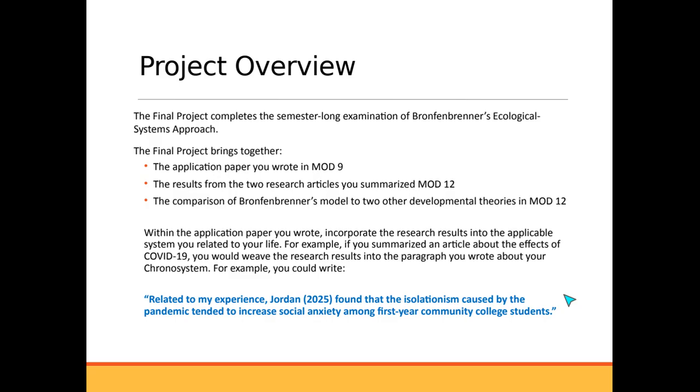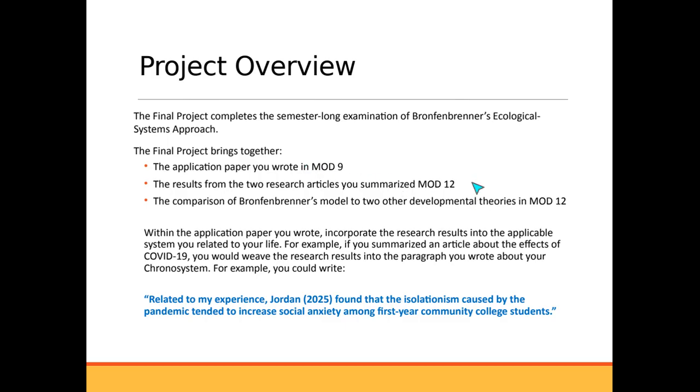And then we progressed on through the semester. You had to apply in more depth to different aspects of your life for each system within the application paper for Module 9, which is great. That means you have a big bulk of this project already completed. So that's the good news in all of this. So we're just adding to that application paper you wrote.